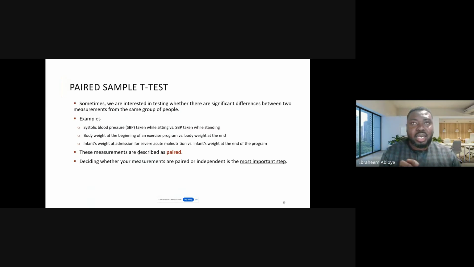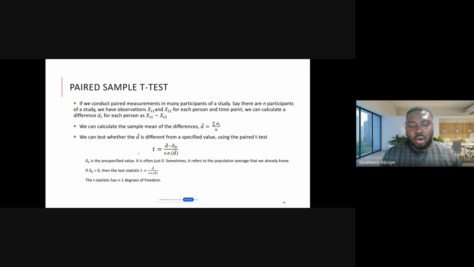And because those measures are correlated, knowing something about one measure tells you something about the second one, you cannot use the independent samples t-test, right? The basic assumptions of a t-test are broken. So you need a modification, and that's why the paired sample t-test is introduced.